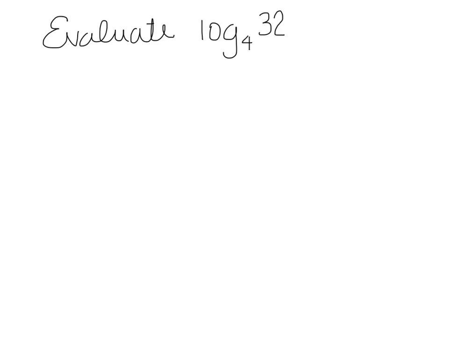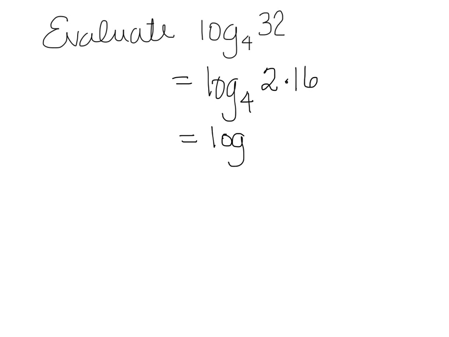So what I'm going to do is, instead of calling it 32, I'm going to call it, got a couple of choices here, let's call it 2 times 16. Okay, so I've just replaced 32. And now that I have this multiplication, these two factors inside the logarithm, I can write two separate logarithms as a sum.